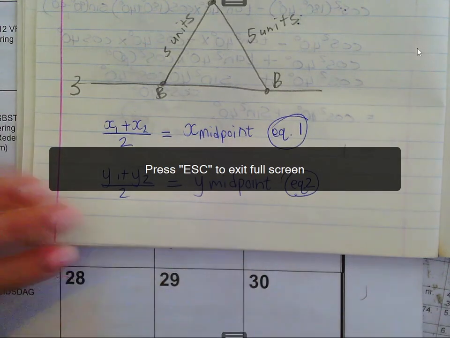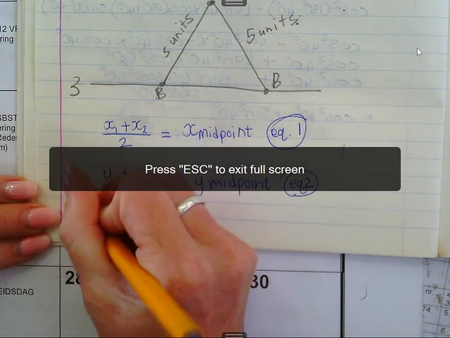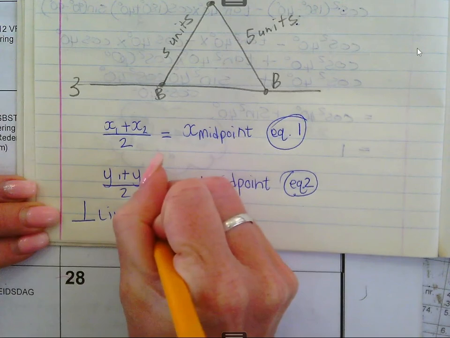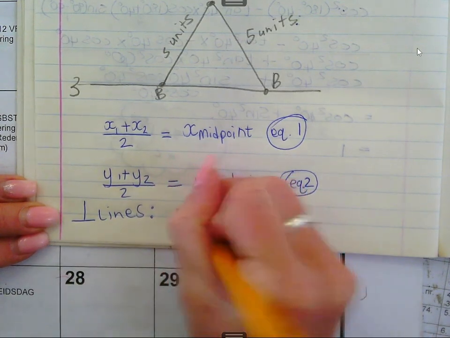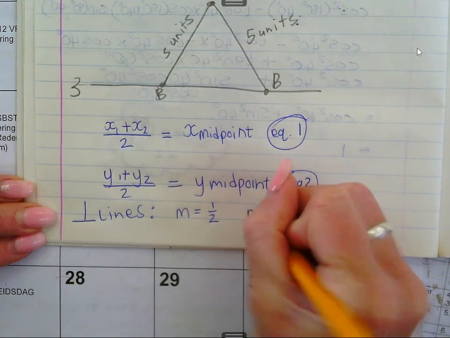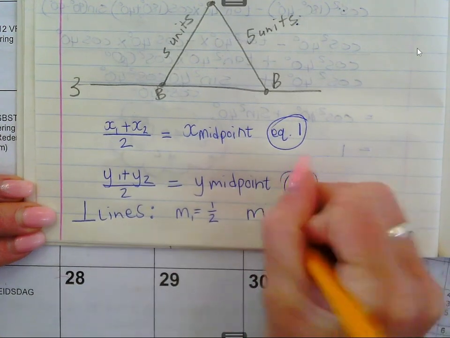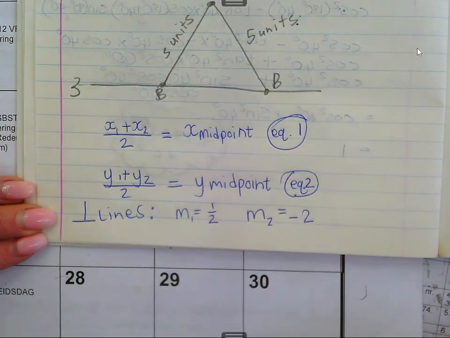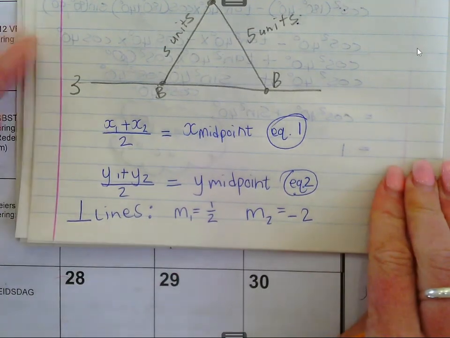So, this is now for perpendicular lines. If the one gradient is a half, the other gradient will be, swap it around, give it a negative. Then you know they are perpendicular, those two lines.